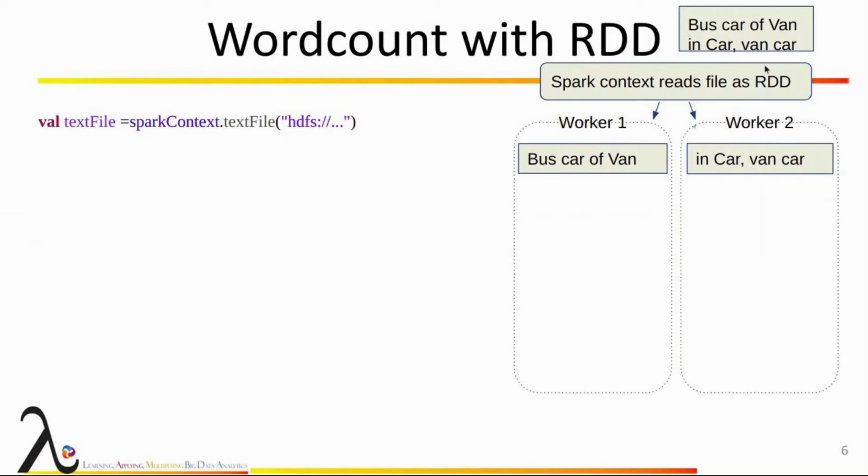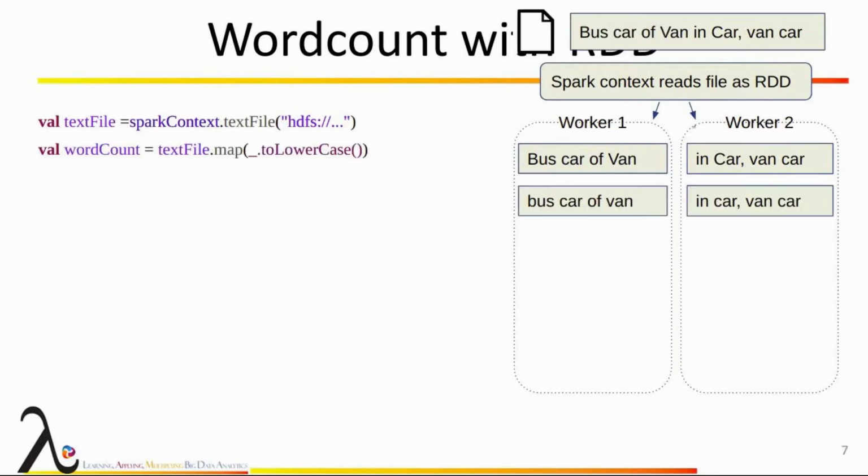And RDD is a Resilient Distributed Data structure, which internally divides the data into several worker nodes. For example, if we have two worker nodes, one line of the document goes to one and the next to the other. So each line of the document is considered as one element of the RDD.